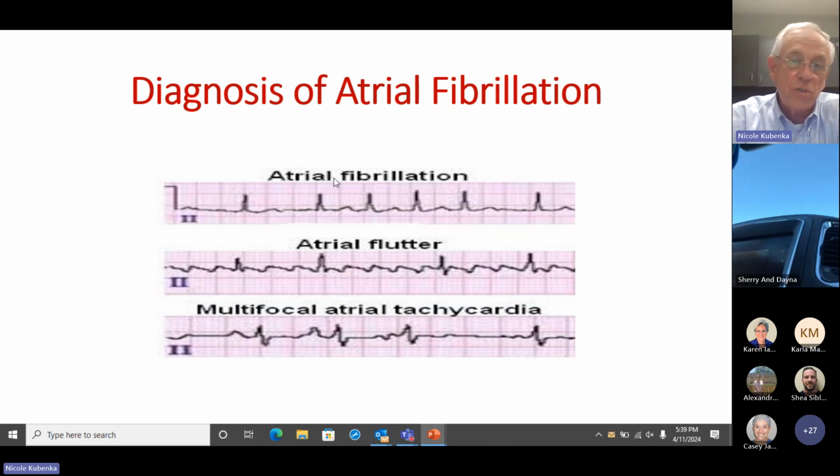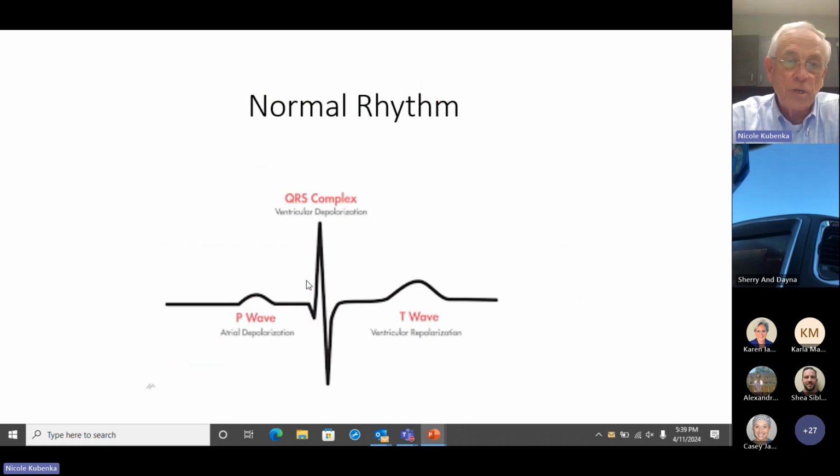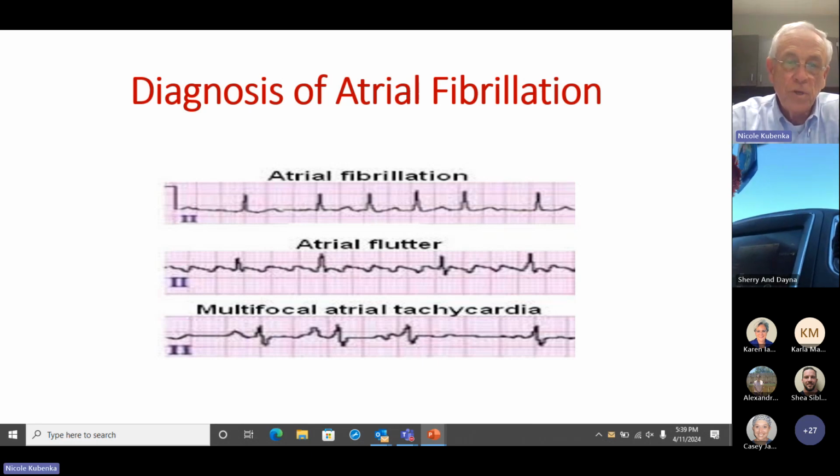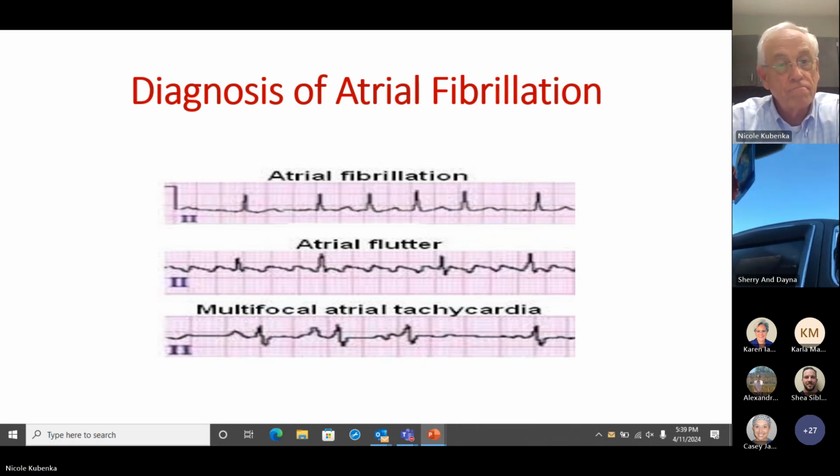So the top row is atrial fibrillation. The middle one, this one here, this is not atrial fibrillation. It's a sensitive touchscreen. The middle one's a similar rhythm, but it's called atrial flutter. Does anybody know why it's called atrial flutter?